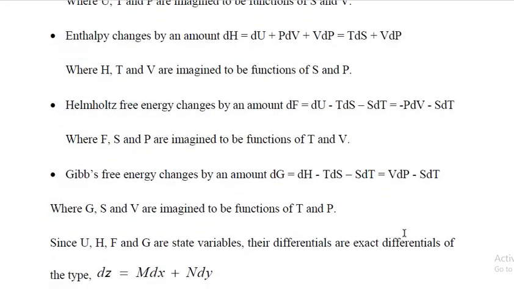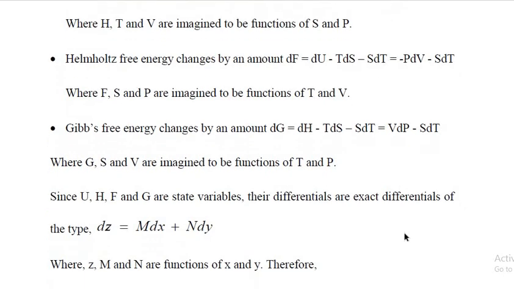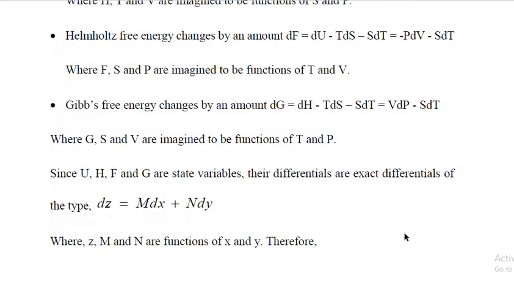Since U, H, F and G are state variables, their differentials are exact differentials of the type dz is equal to M dx plus N dy. We saw in the theorem dz is equal to M dx plus N dy, where z, M and N are functions of x and y.